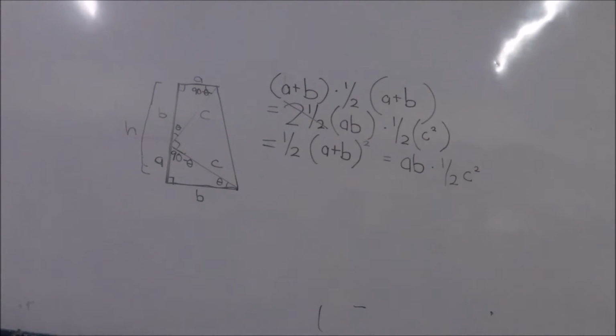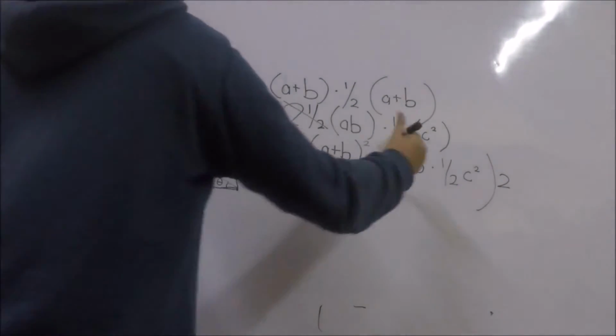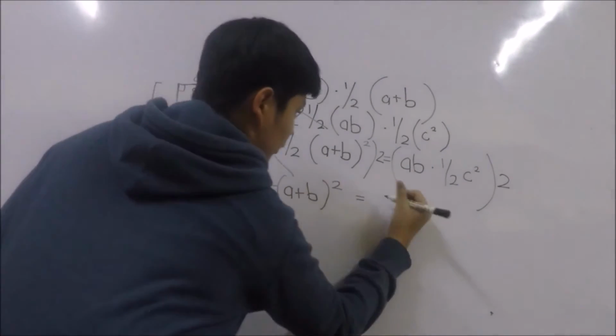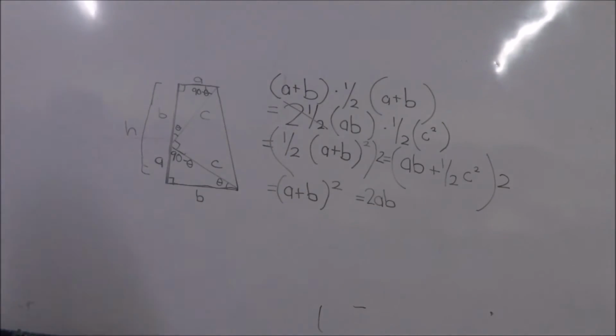Then to make things simpler, let's multiply both sides by 2 to get rid of the fractions. So it will be (A plus B) quantity squared is equal to 2AB plus C squared.